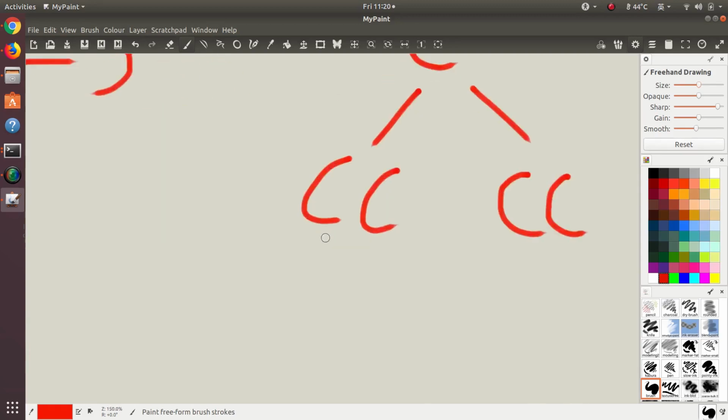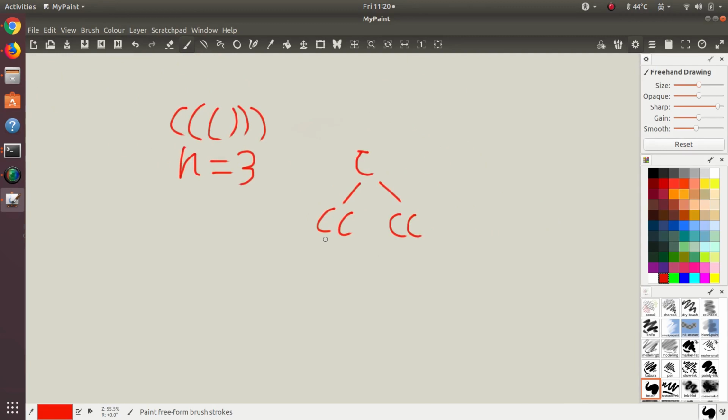And then keep going. If we go back, then it can go to quote, quote, quote, or quote, quote, right quote. So you can see for all the left nodes, we can add a left quote unless it reaches the maximum size of n.